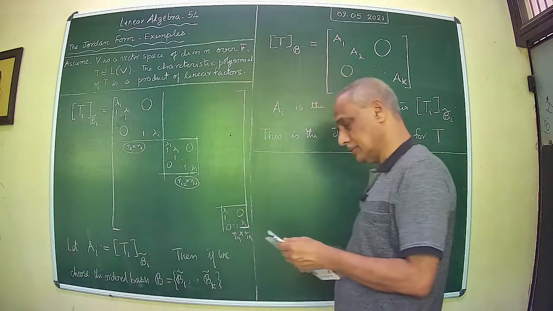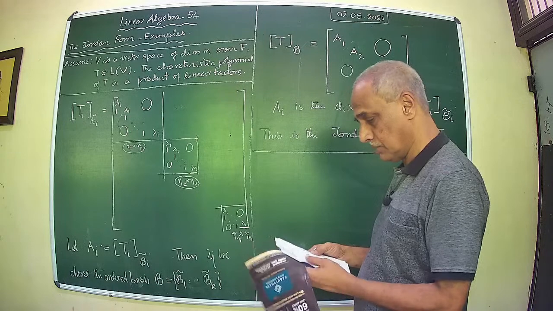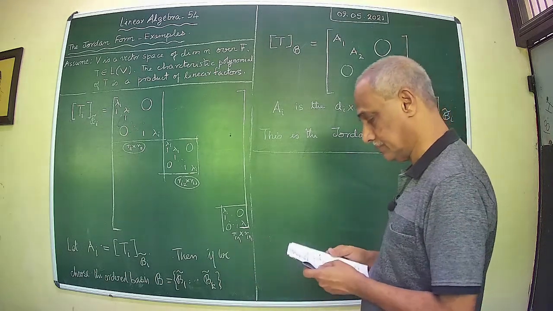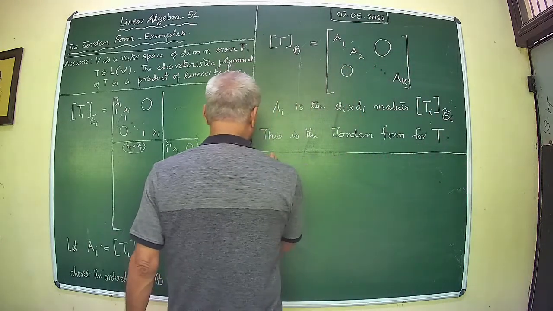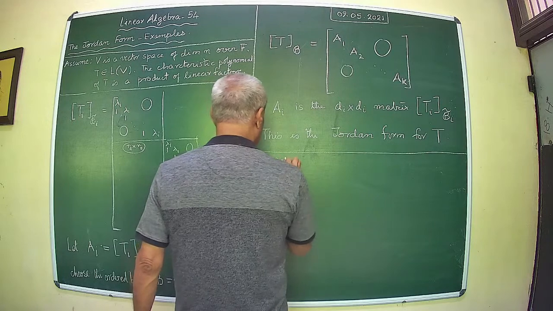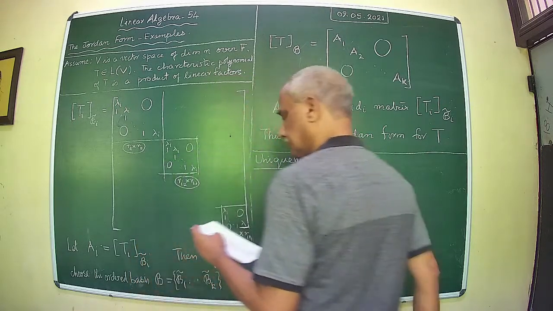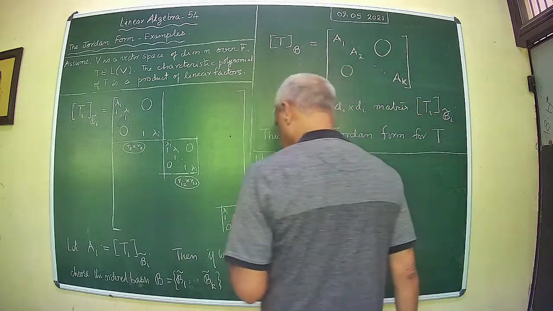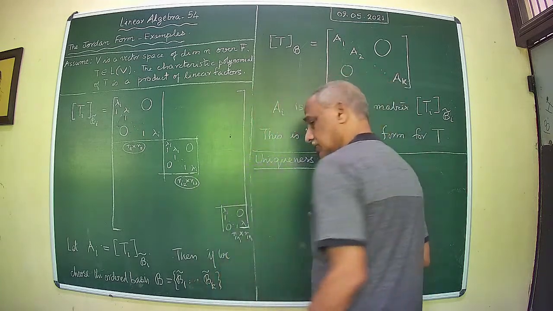Now what remains is to assert that this representation is unique. So uniqueness in what sense? So A is called a Jordan matrix.